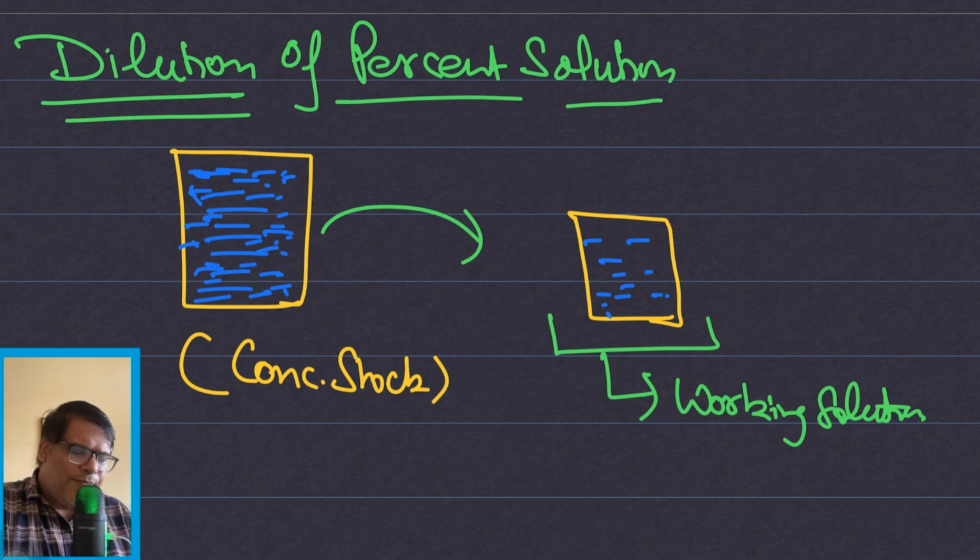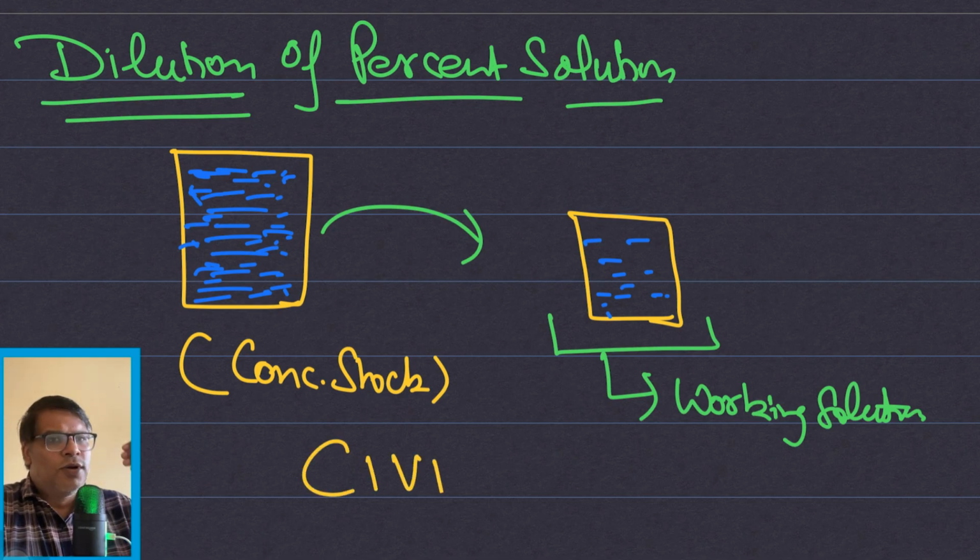Now keep in mind, if you have such a situation that from a stock solution you have to prepare a working solution, you can use a very simple formula, that is C1V1 = C2V2. If you have to dilute the solution, you can solve numericals based on this relation.